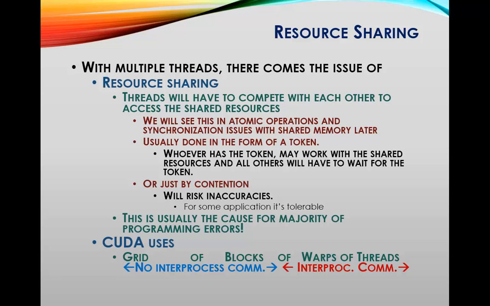When it's done, it unlocks the resource. So the next thread in line will be able to lock the resource and do the work, and so forth. And so here you can see a potential conflict.